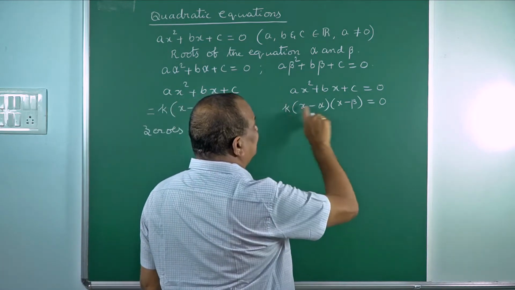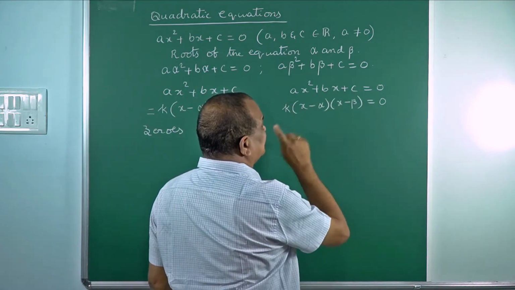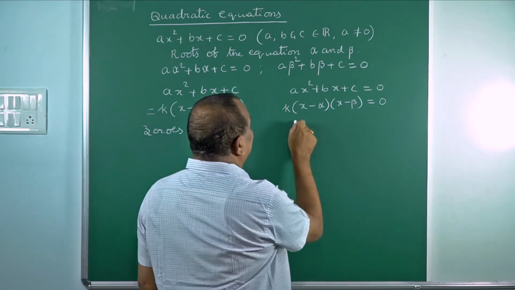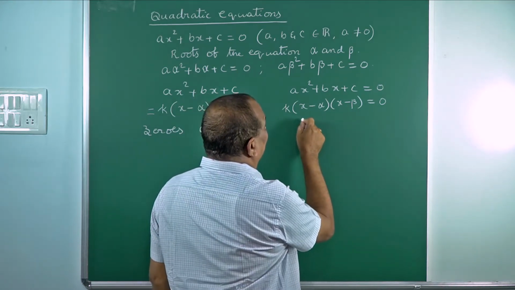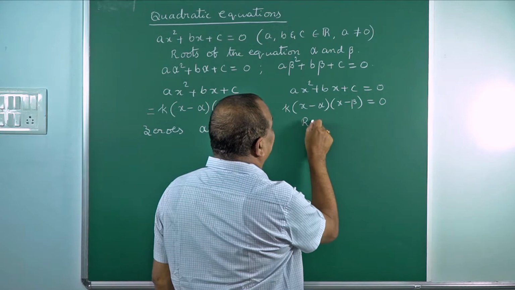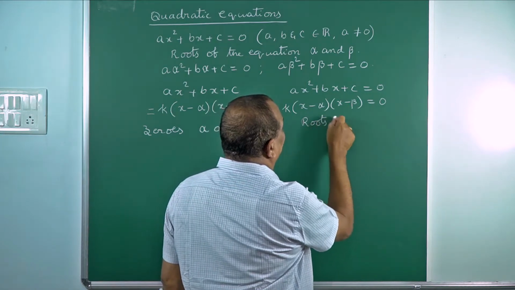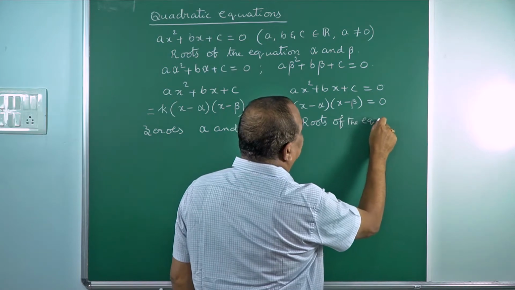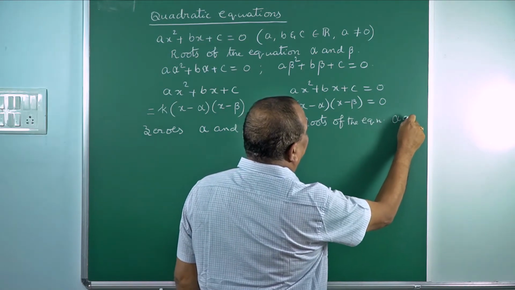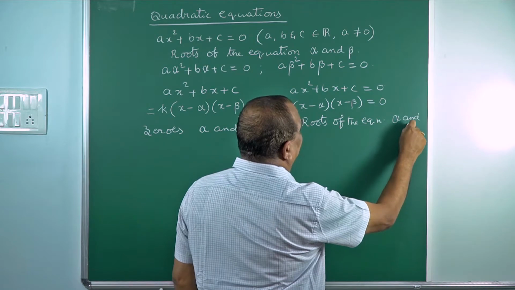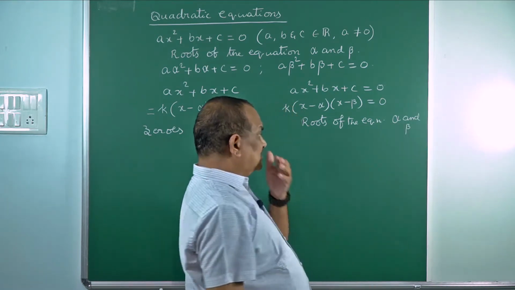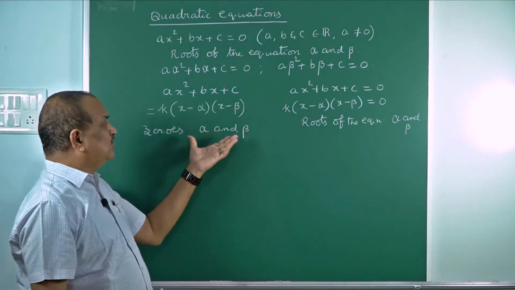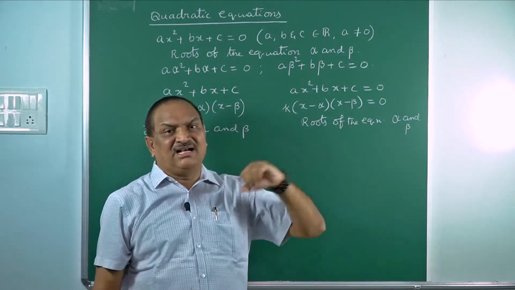If this can be written like this, I have got the roots of the equation, alpha and beta. Here we say zeros and there we say roots alpha and beta.